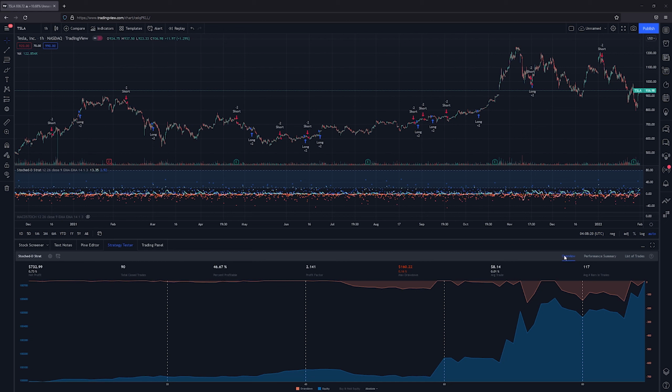So starting with the overview tab, you can see that we have this nice graph showing our profitable trades as they accumulate and our losing trades as they accumulate. And on this one, you can see that we started out right here.